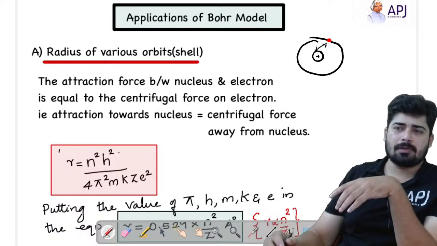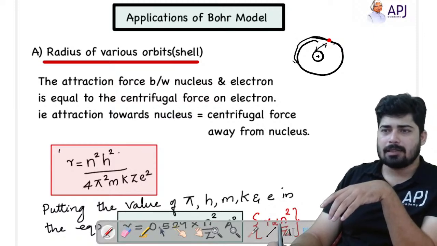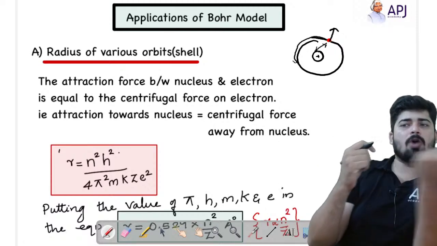Electrostatic force of attraction. As an electron revolves around a circular path, it always experiences a centrifugal force, right? One is the attraction towards the nucleus, and this centrifugal force is directed outward.